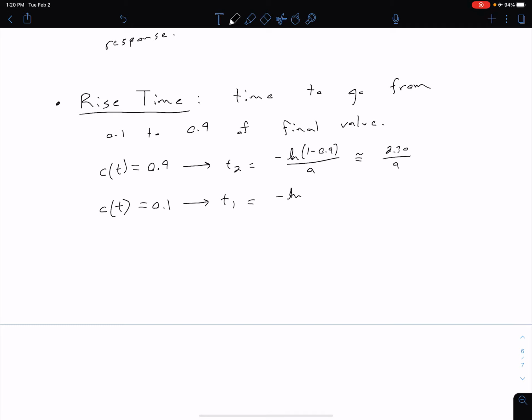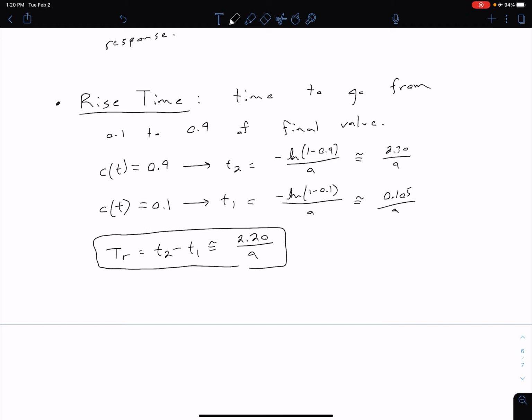So that is negative log of 1 minus 0.1 divided by A, which is approximately 0.105 divided by A. Now our rise time, as I've stated above, is defined as the difference of these two times. We're going to call this T sub r. This is t2 minus t1, which is approximately 2.2 over A. So this is our rise time.